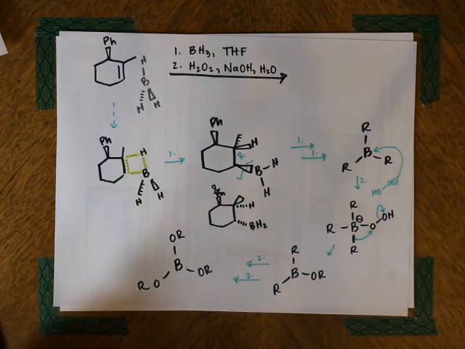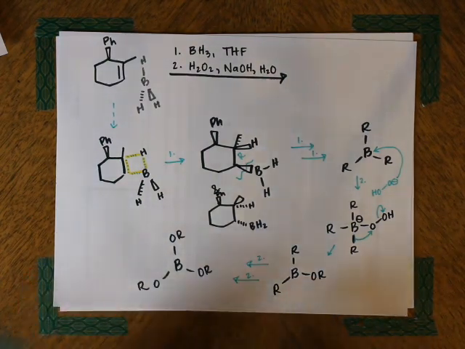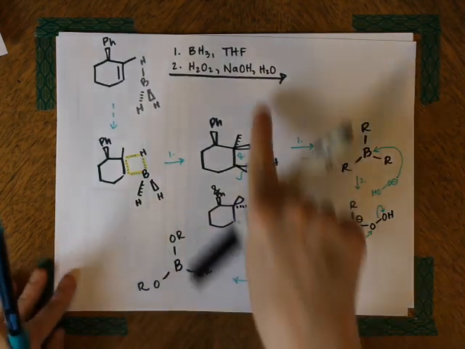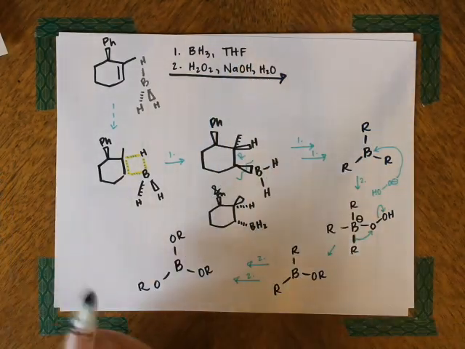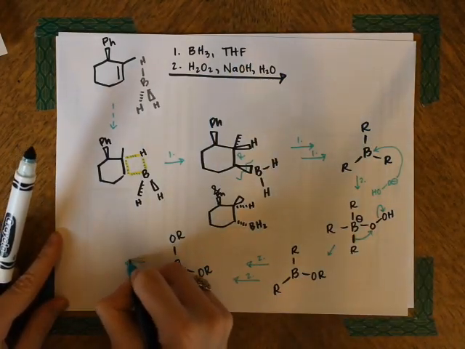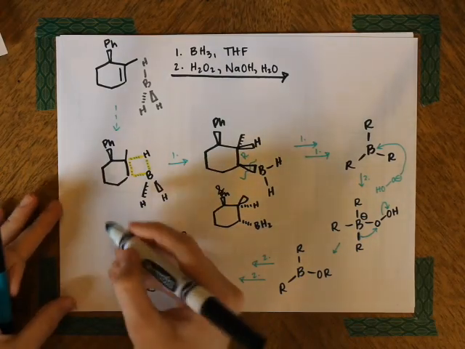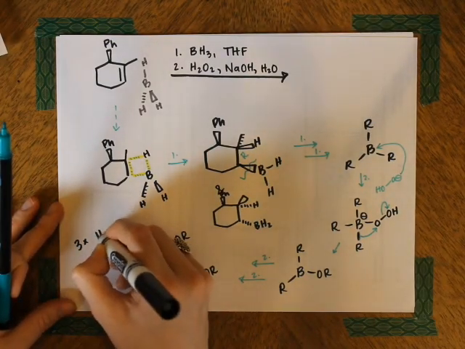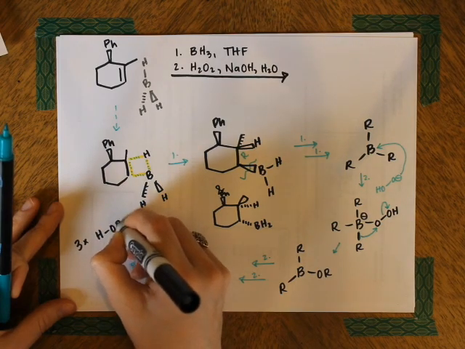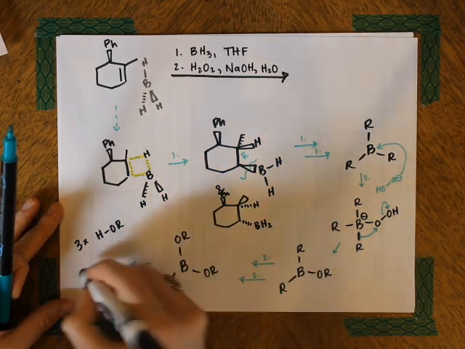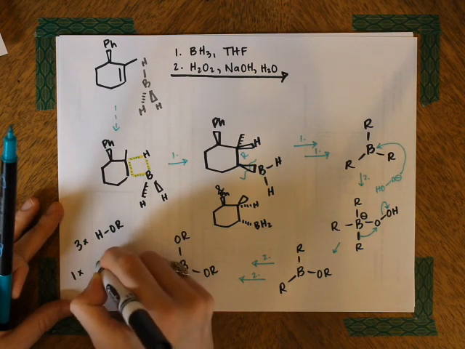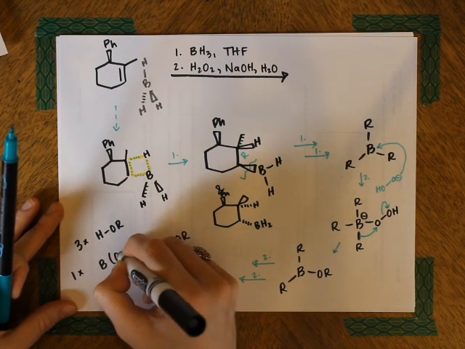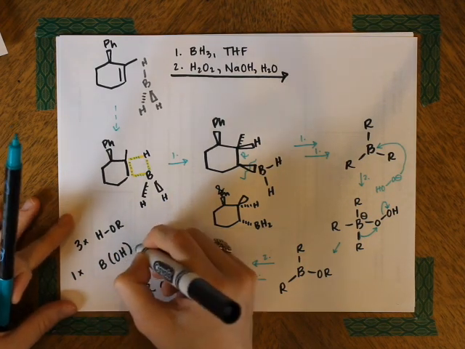Then we can do more nucleophilic and electrophilic additions with the OHs. We'll end up finishing out this mechanism by ending up with 3 alcohols and 1 borate salt.